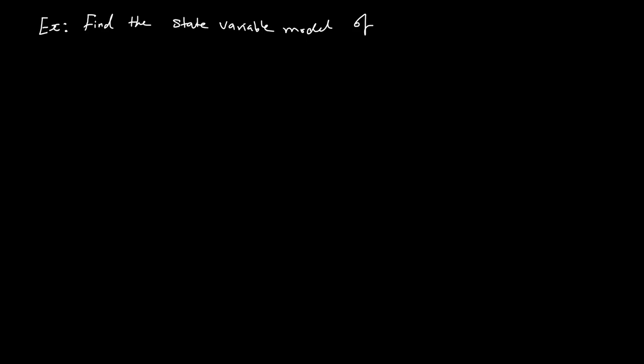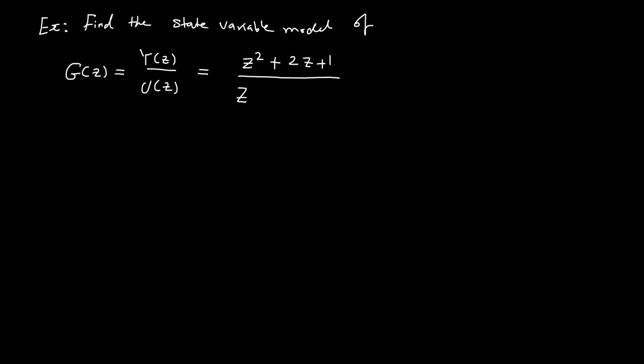of the following transfer function, or the pulse transfer function. So let's assume G of z equals Y of z over U of z, which equals (z squared plus 2z plus 1) over (z cubed plus 2z squared plus z plus 1 over 2).